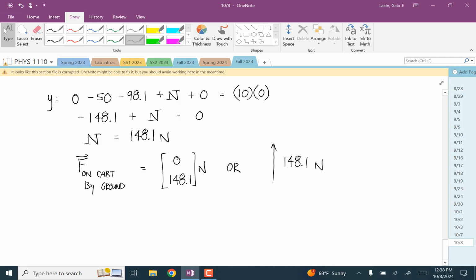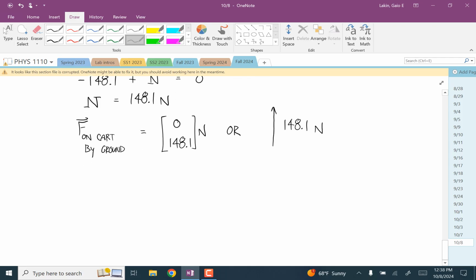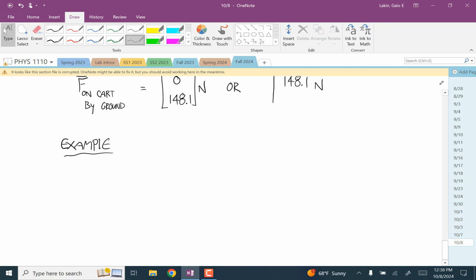Okay. Let's do one with friction. So let's say we have a horizontal surface and a block of 1 kilogram. Well, let's make it 2 kilograms.